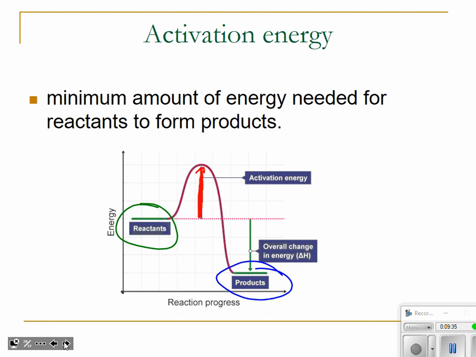That is what we call the activation energy, right there. The amount of energy needed for the reactants to form the products. It's right there in your notes, isn't it? Diagram. So that is the activation energy.